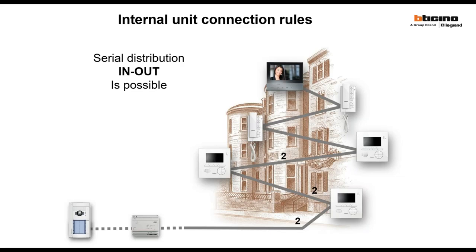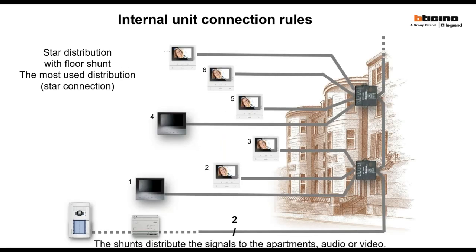So you go to the first apartment, then the second, then the third. This has an advantage, which is to keep the existing pipes, and a disadvantage, which is a longer wiring to reach the last one. So remember to calculate the distances.